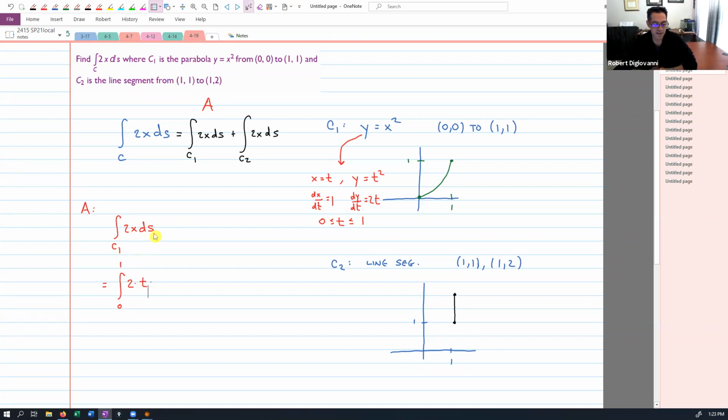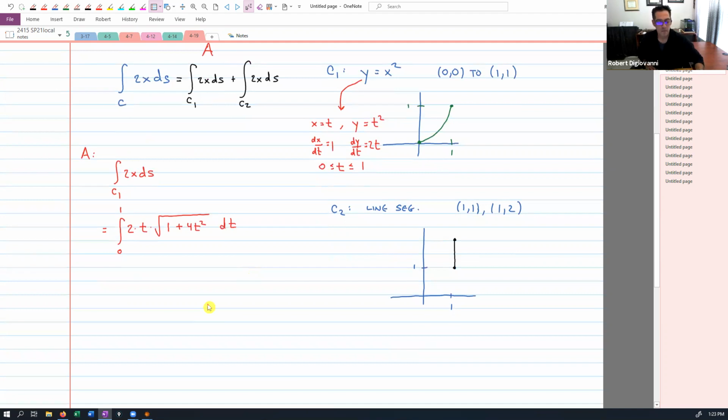And then times ds, but ds is the square root of the derivative of x with respect to t, that's 1 squared, 1 squared is 1, plus the derivative of y with respect to t, squared, so that should give me 4t squared, dt. Any questions here?